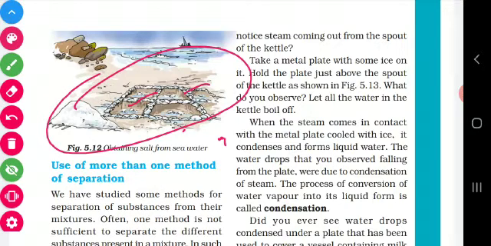Then we can refine this salt, that is, purify this salt, and use it for cooking purposes. This is one of the applications of evaporation: salt from seawater is obtained by evaporation.